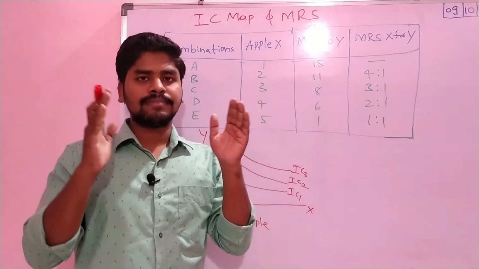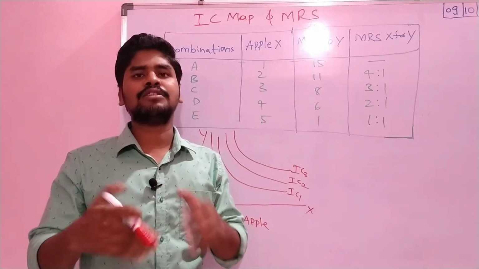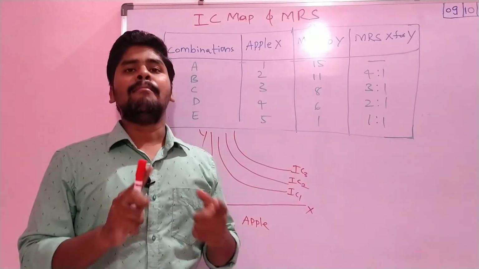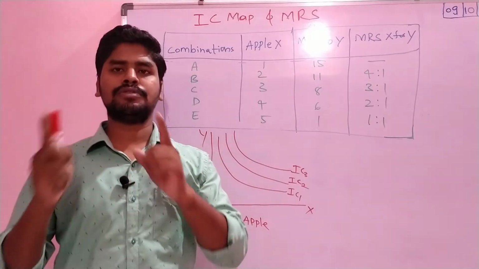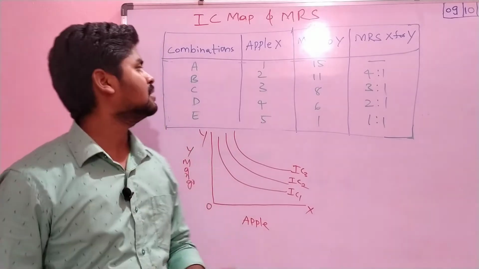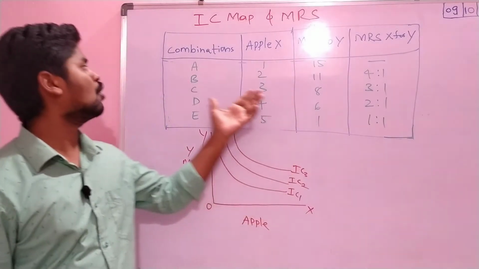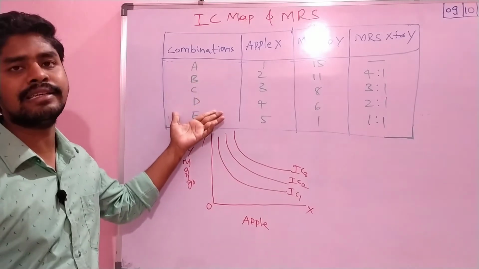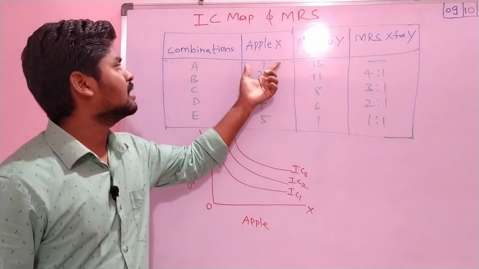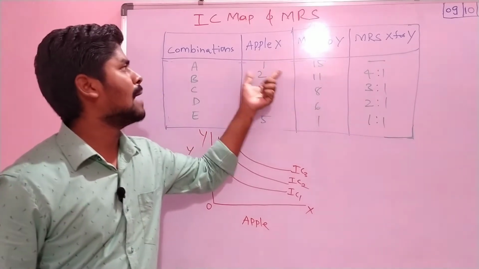Now let's understand what MRS means. MRS will come in exams for 2 marks or 5 marks. MRS means marginal rate of substitution of X for Y. Here we have taken different combinations A, B, C, D, taking X and Y, apple and mango.